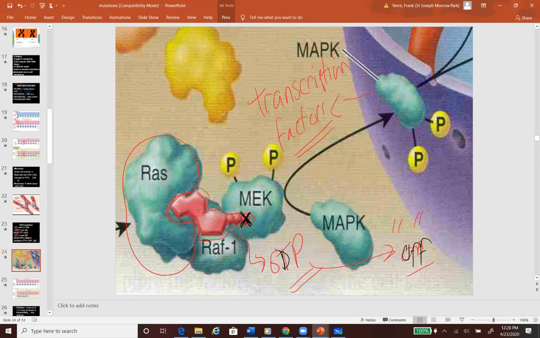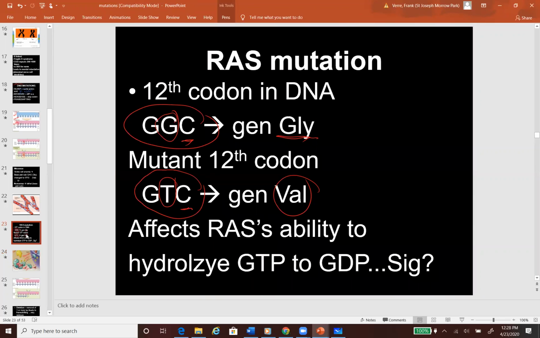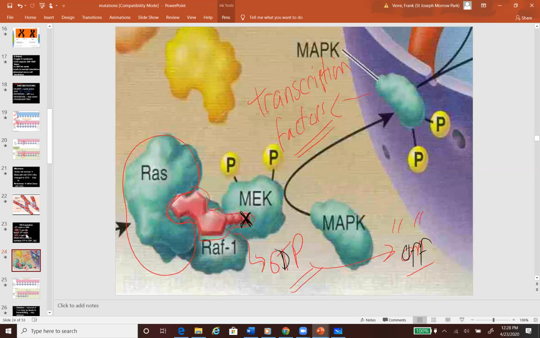That mutation, though, that very specific mutation, affects the ability of RAS to do this, which means that RAS stays on. If it cannot convert GTP to GDP, it stays on, which means then it's always producing active transcription factors to promote cell division, which then means that this could lead to what kind of disease? What do you think, ladies?